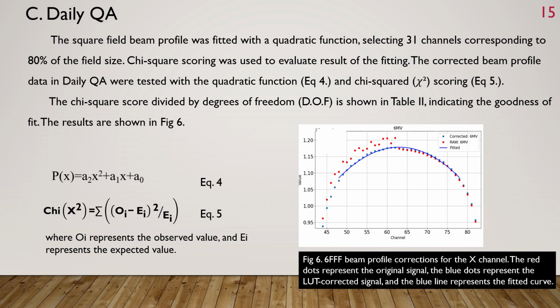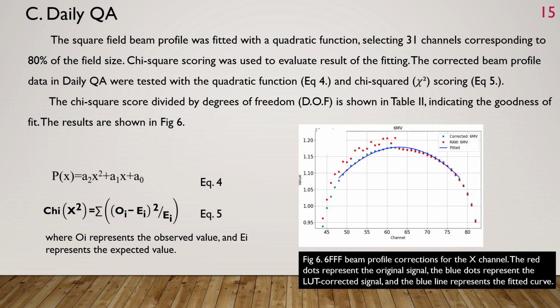The central region of the beam profile is extracted and fitted using a quadratic function, as shown in equation 4. To evaluate the fit, we calculate the chi-square score, as shown in equation 5, and normalize it by the degrees of freedom. The results are summarized in the table on the next page.